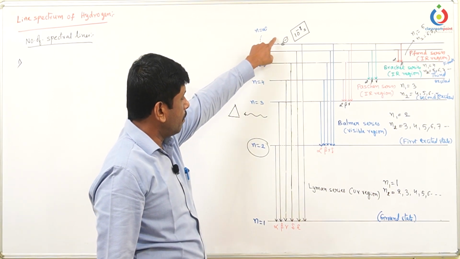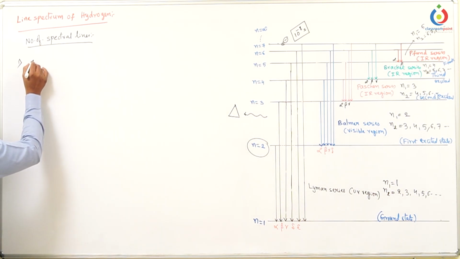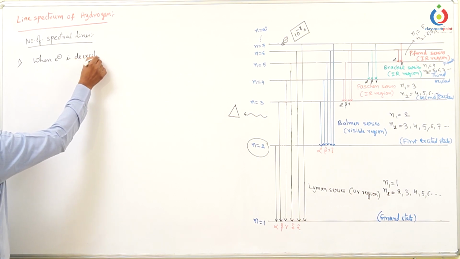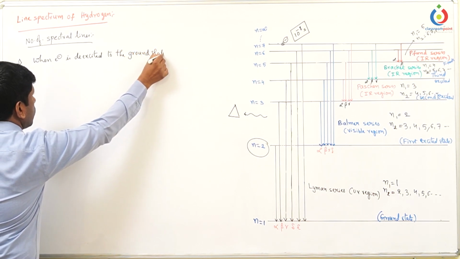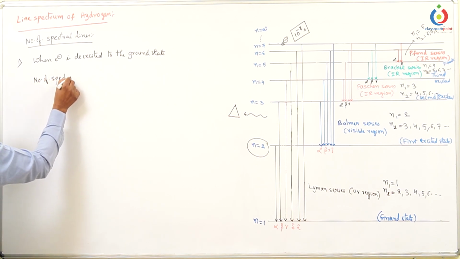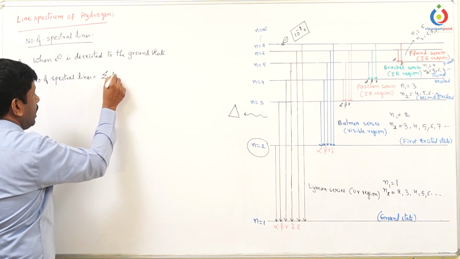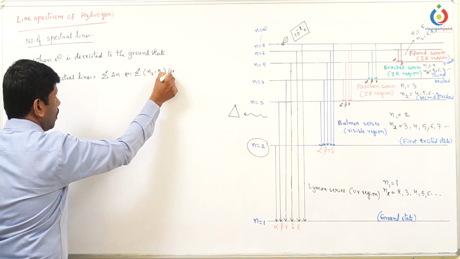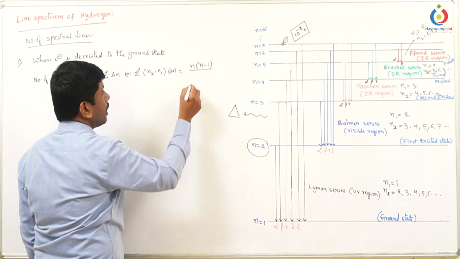If the electron comes back from any higher energy state directly to the ground state, then the number of spectral lines equals sigma delta n, or sigma (n2 minus n1), or the same formula can be written as n(n minus 1)/2.